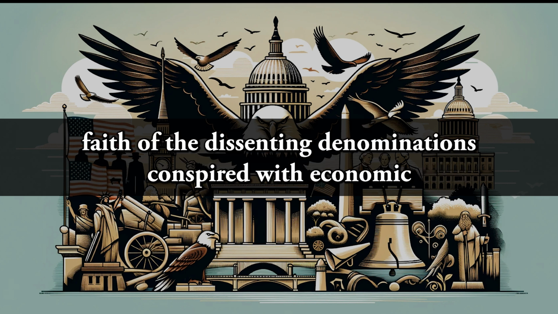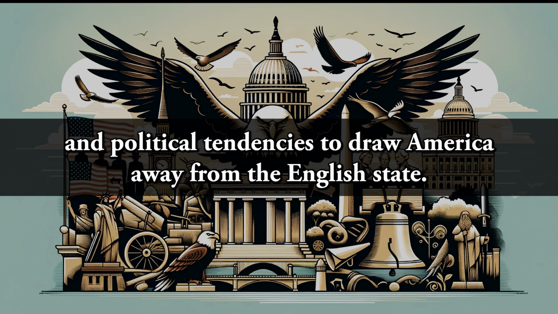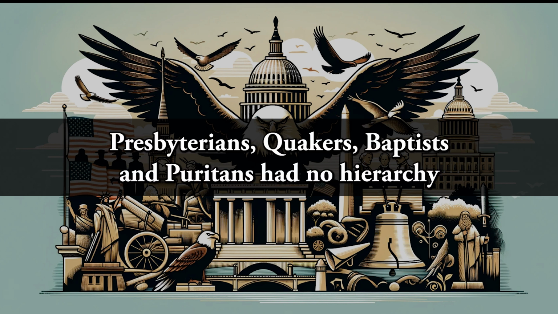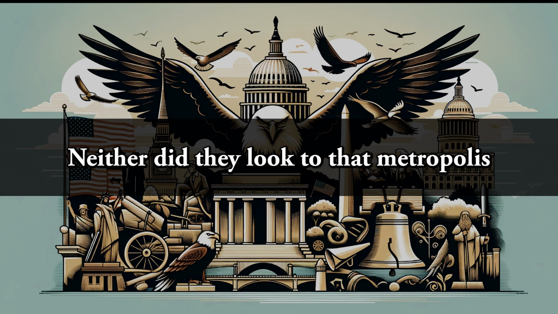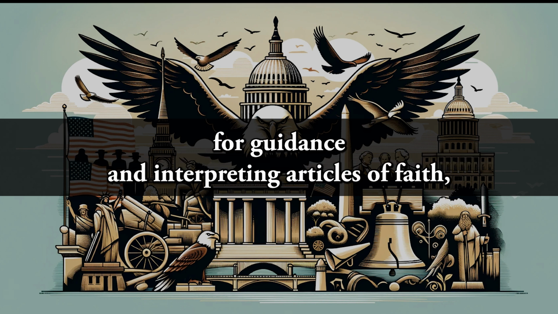The government and faith of the dissenting denominations conspired with economic and political tendencies to draw America away from the English state. Presbyterians, Quakers, Baptists, and Puritans had no hierarchy of bishops and archbishops to bind them to the seat of power in London. Neither did they look to that metropolis for guidance in interpreting articles of faith.